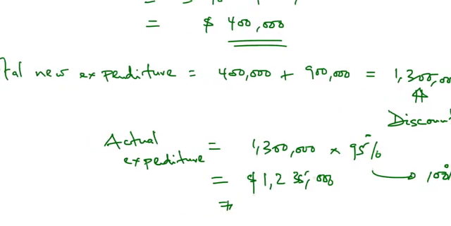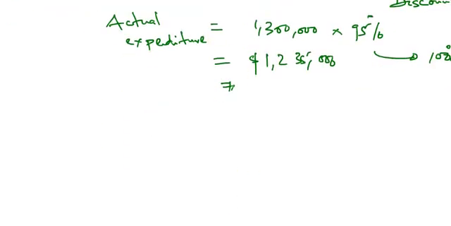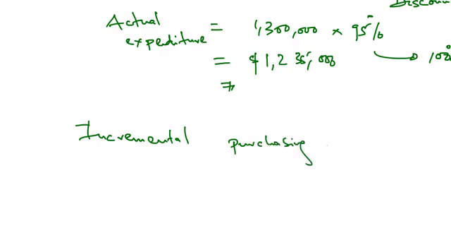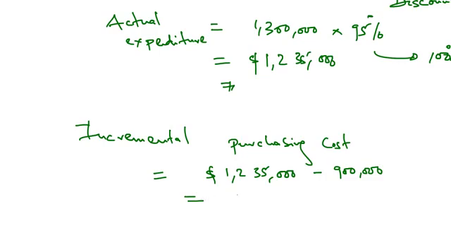So once we have that, we can now calculate the incremental purchasing cost. So incremental, remember we said it's equal to the new, which is 1235, minus the old, and this gives you the answer.